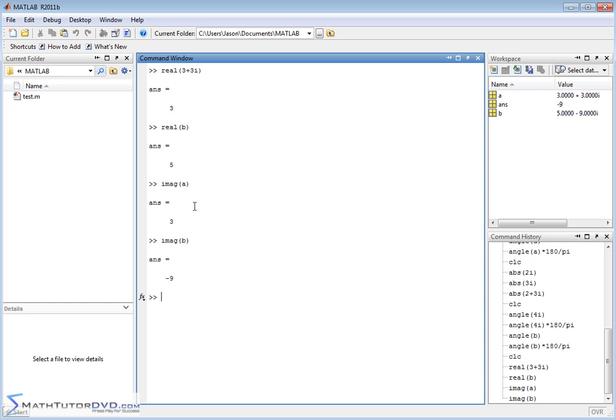You would probably not use these so much when you're just working with basic complex numbers, but you might use them a lot if you're programming in MATLAB. Maybe you're writing a function with a very long calculation, an integration or something like that, the result of which might be complex. Then for your final answer, maybe you want to strip away the imaginary part and only give yourself the real part in the final display.